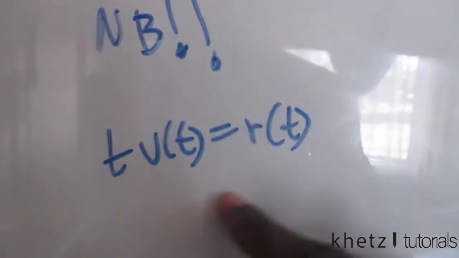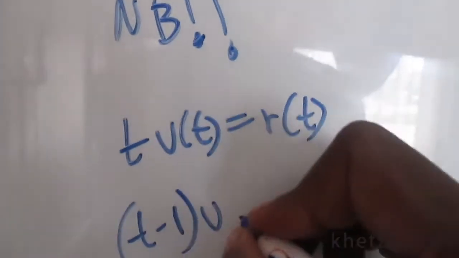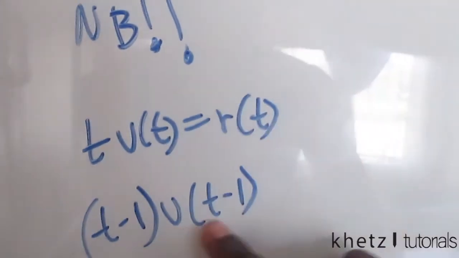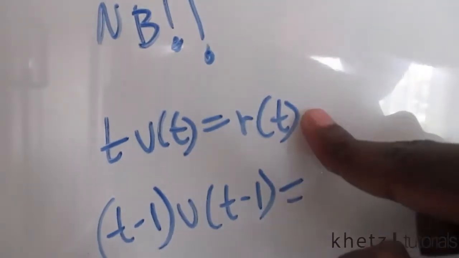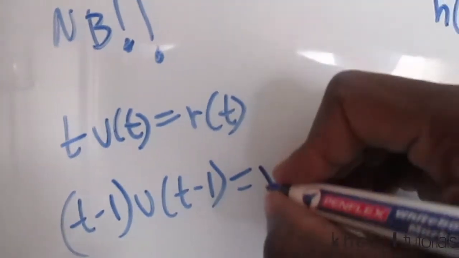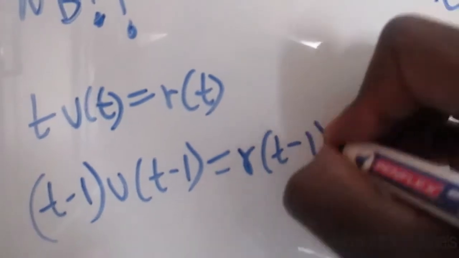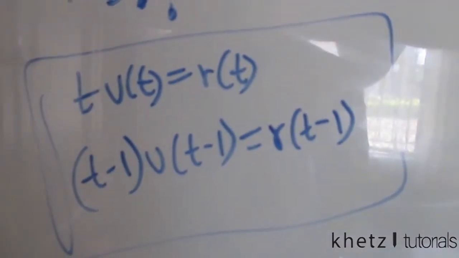And if you have a delay, say t subtract 1, with a function which is delayed by 1, this is the equivalent of the one at the top, just with a delay, and therefore you have r of t subtract 1.